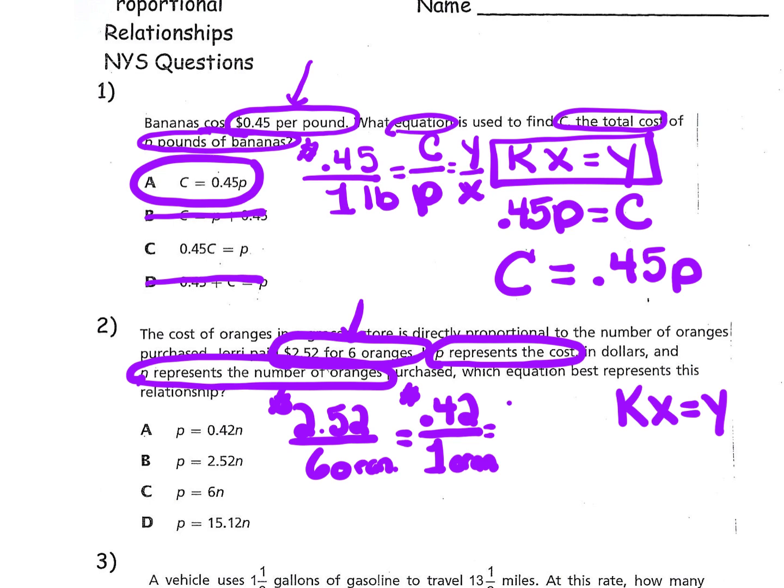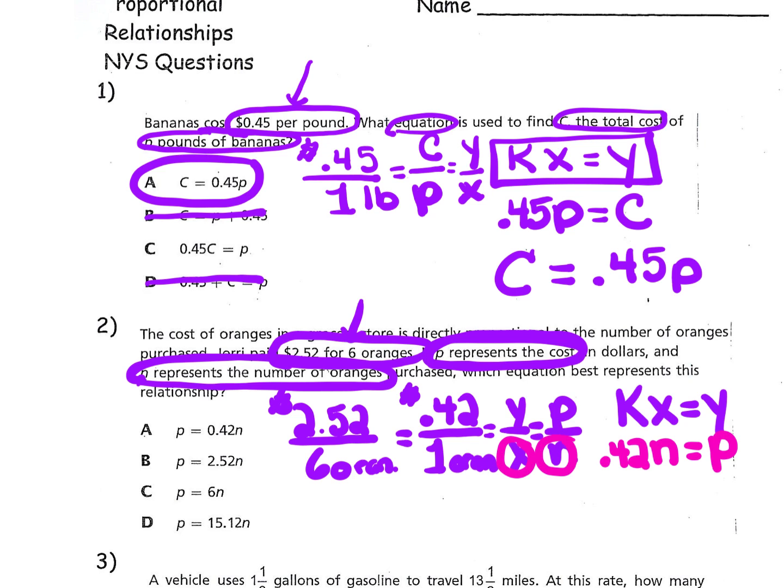Now we know typically Y is on top, cost in this case, X on the bottom, but we need to use the variables they've chosen. P is going to be the cost instead of Y, and N is going to be the number of oranges instead of X. So as we write this equation, we substitute a P for the Y, and for our X, we put in N. And of course, 42 cents is our K rate, our constant of proportionality.